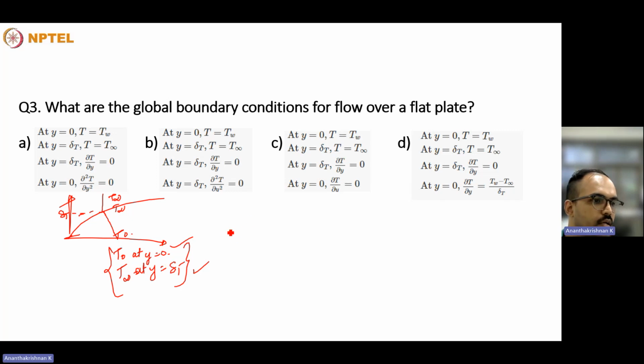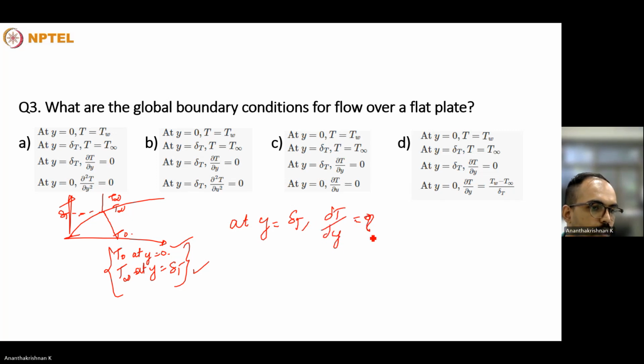So the first one is at y equal to delta T. How will we represent the value of the temperature gradient far away from the wall? How will the value of the temperature gradient with respect to y be?